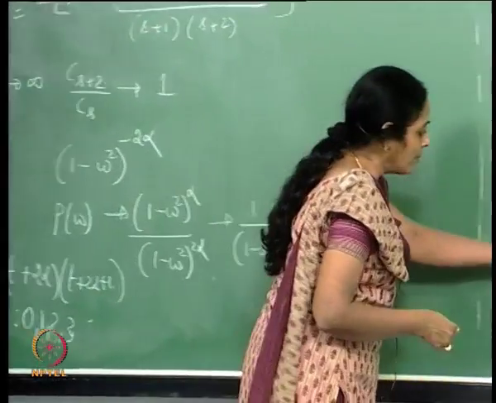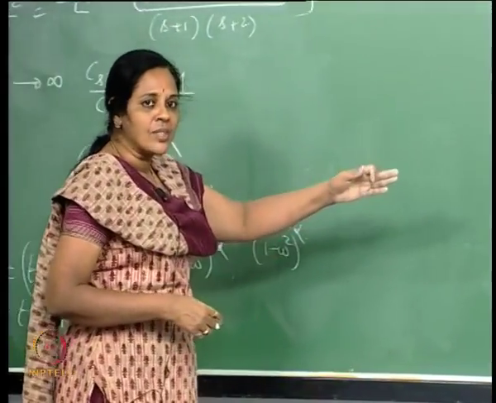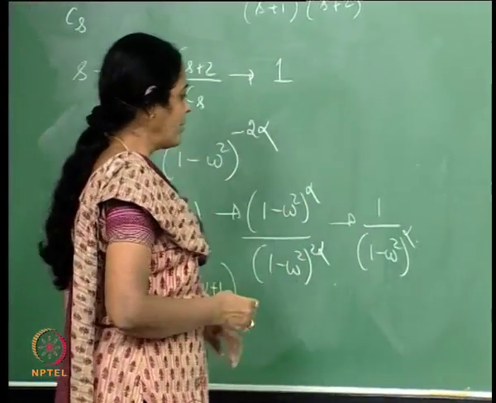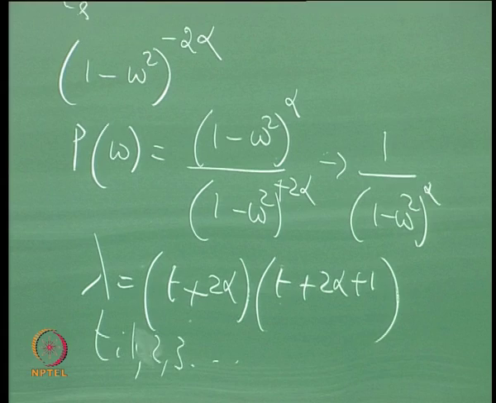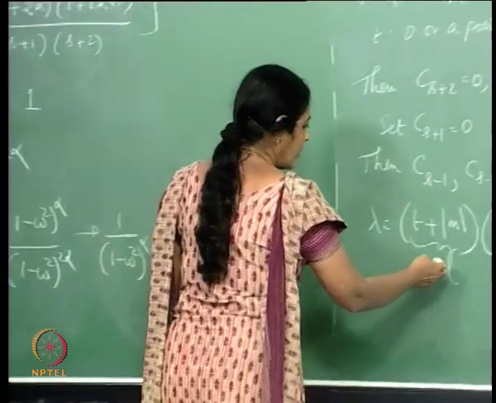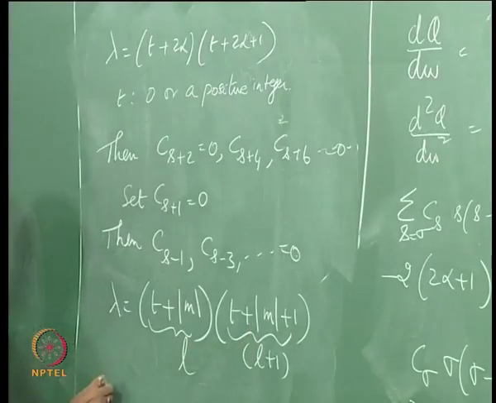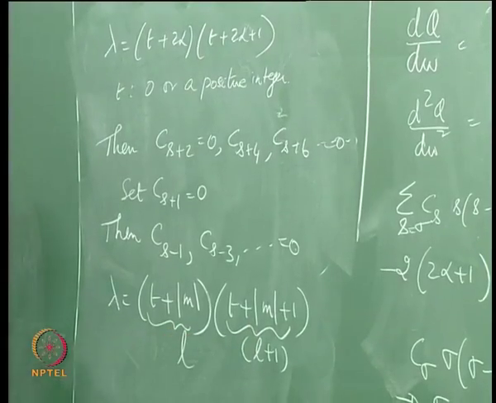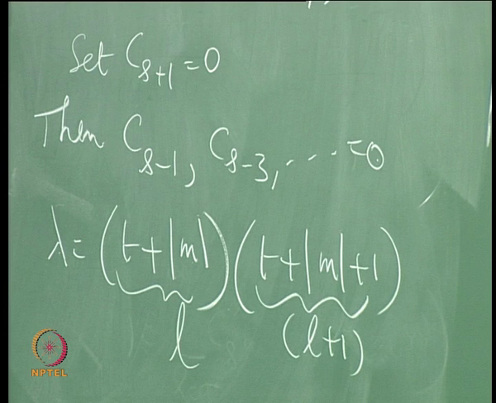Quantization of L has come because you truncated the series, because the asymptotic behavior should not be jeopardized. So it is really the well behaved nature of the wave function, the single valued nature of the wave function, that gives you quantization. Returning now to this problem, so I have lambda equals L times L plus 1.